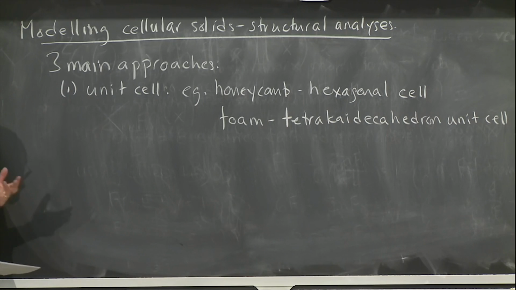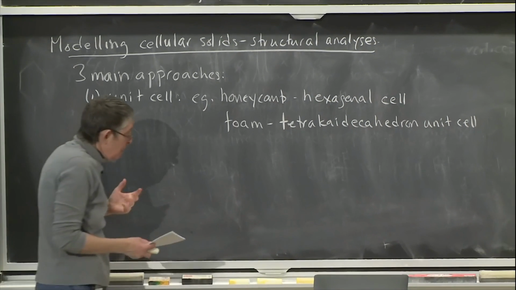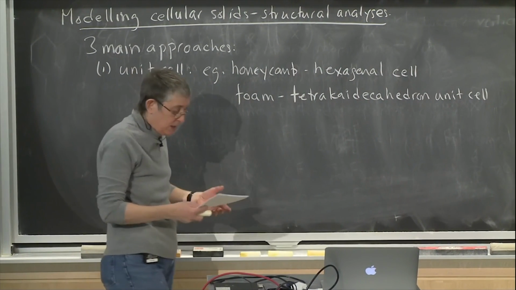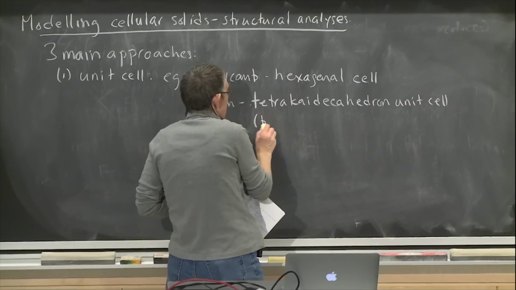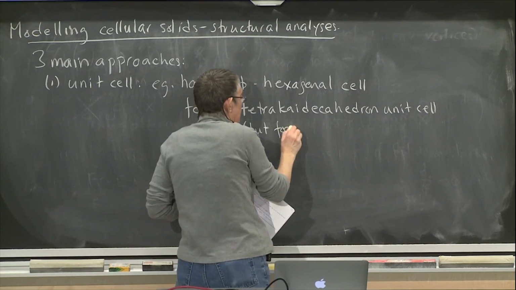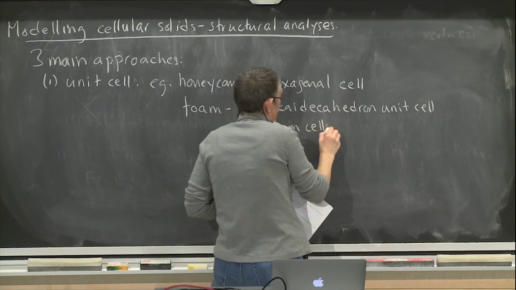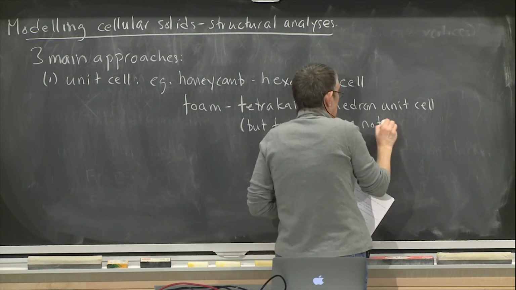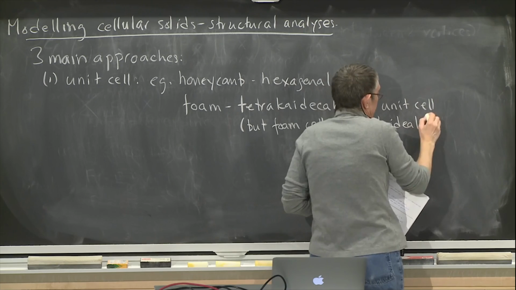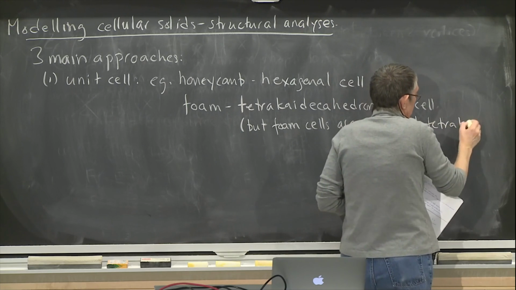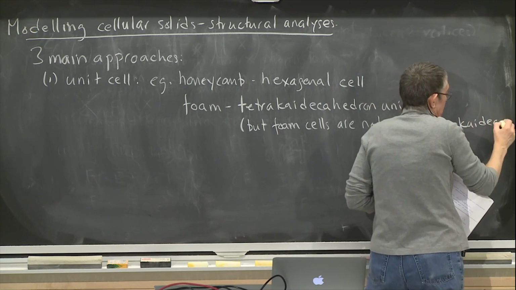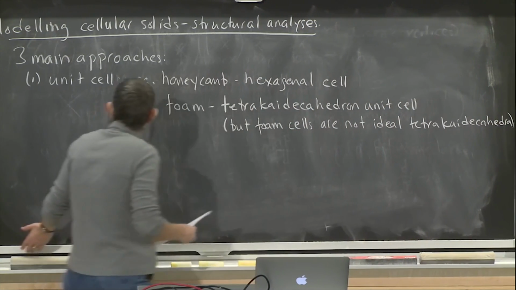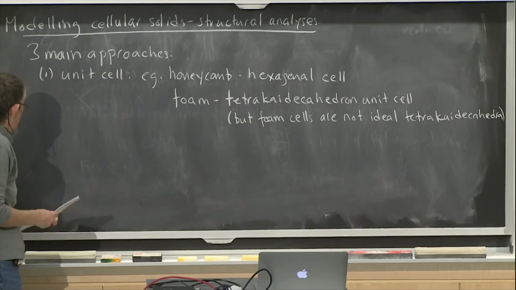So a repeating single cell packs to fill space. But in fact, real foams aren't tetrakaidecahedrons, so this is a bit of an idealization. So we'll just say foam cells are not tetrakaidecahedra. Okay, so that's one approach.